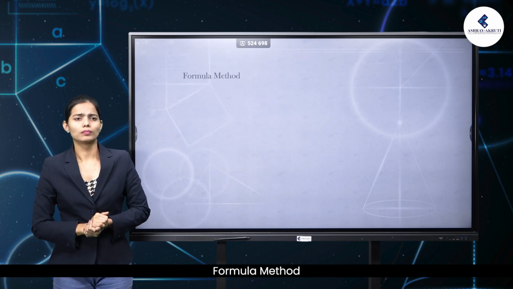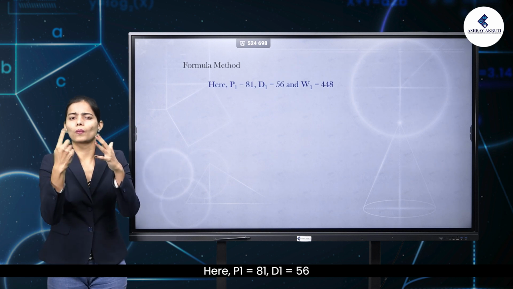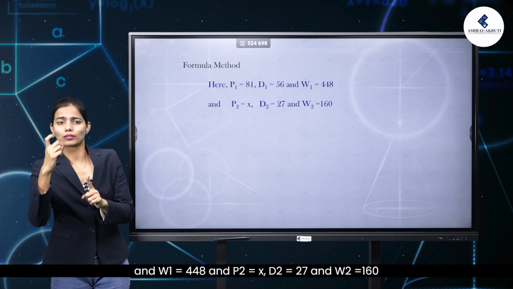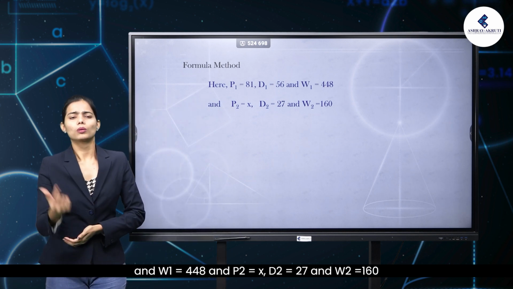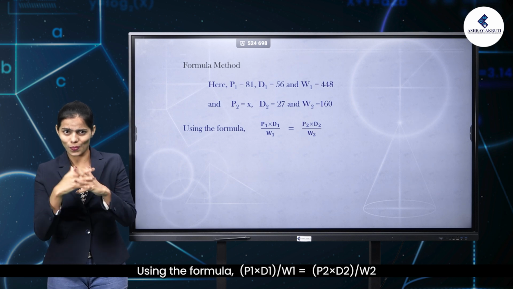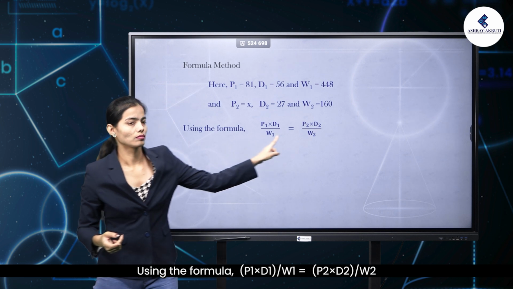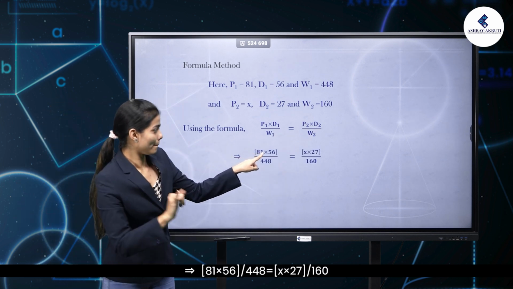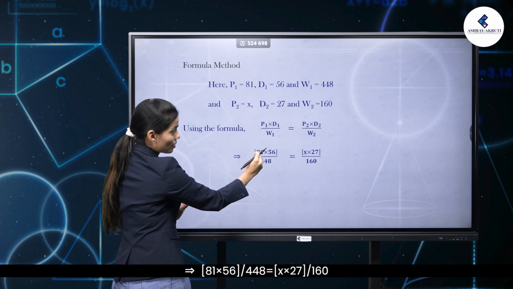Formula method. Here, P1 is equal to 81, D1 is equal to 56 and W1 is equal to 448 and P2 is equal to X, D2 is equal to 27 and W2 is equal to 160. Using the formula P1 into D1 by W1 is equal to P2 into D2 by W2, 81 into 56 by 448 is equal to X into 27 by 160.